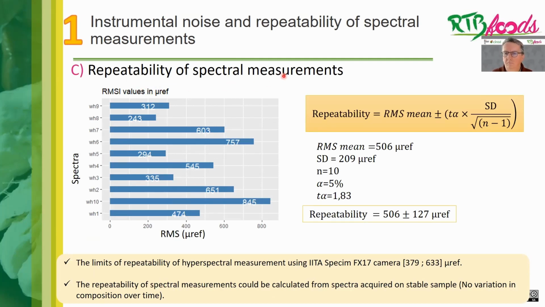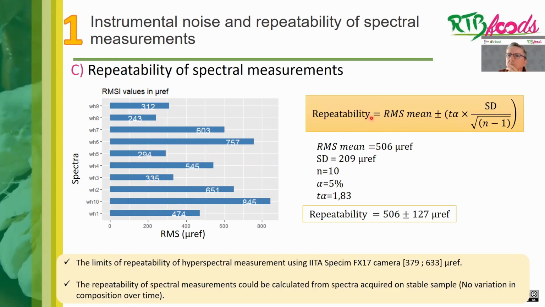For the next step, from this data, we can also check the repeatability of spectral measurements. We use the same data, the RMS values of each spectrum of the white reference. Here you have the value of each RMS. From here we can estimate and determine the repeatability using this formula.